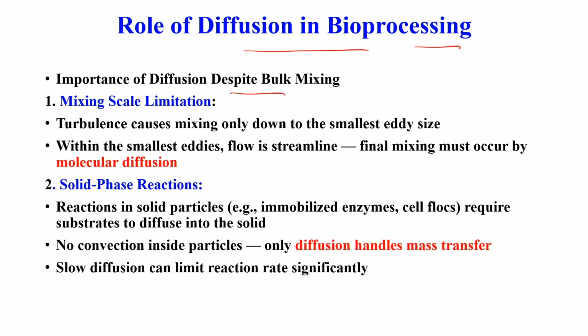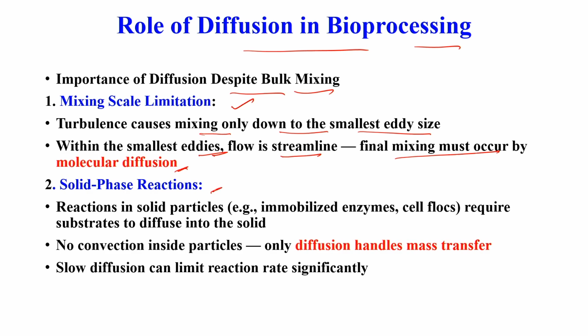It is very important in bulk mixing, and the first one is the mixing scale limitation. Let us say turbulence causes mixing only down to a small eddy size. Within these small eddies the flow is almost streamlined, and final mixing occurs through molecular diffusion only.